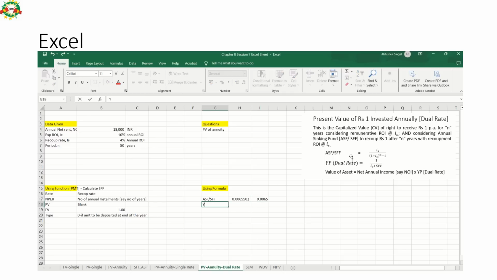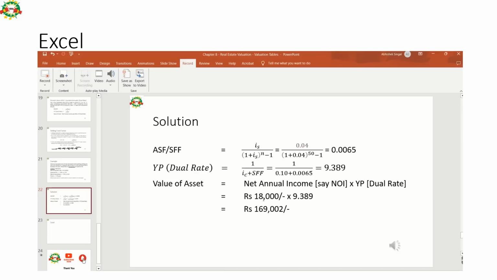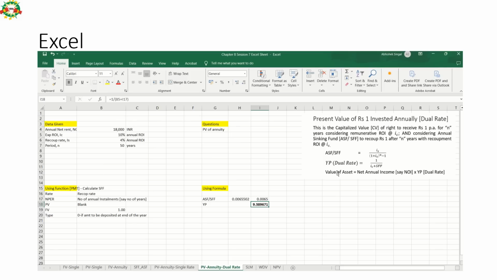And then year purchase is nothing but 1 divided by expected ROI plus sinking fund factor. So it is 9.389.